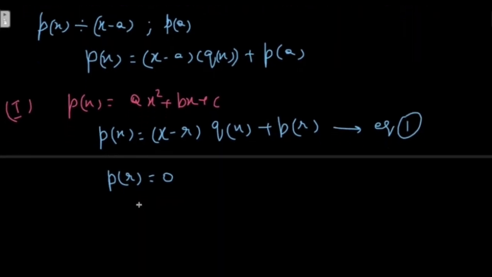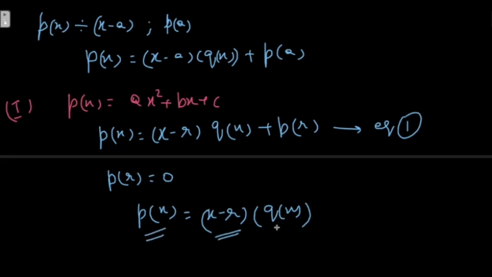You get p of x is equal to x minus r into q of x, which means that this p of x is nothing but a multiple of x minus r and q of x.